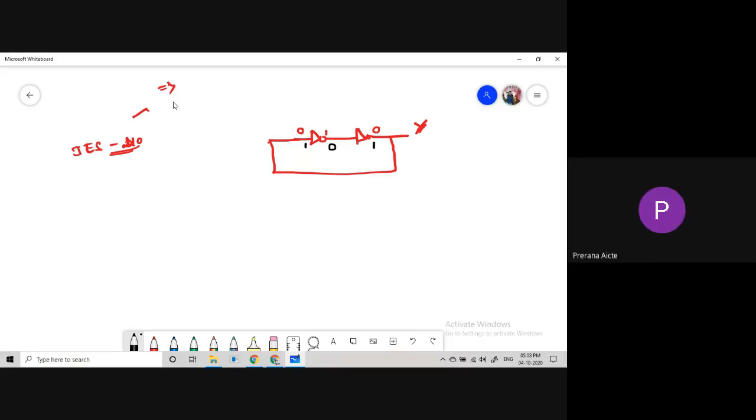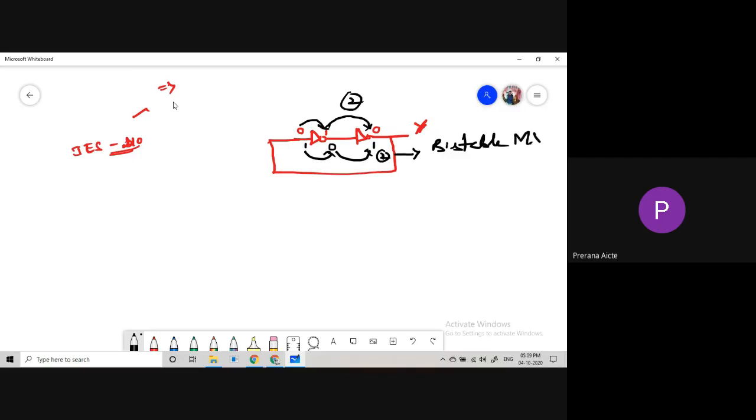So how many times will the value change? 0 is changed to 1 and 1 is changed to 0. So 2 times, right? Here also 1 is changed to 0 and 0 is changed to 1. So here also 2 changes are there. So based on this diagram, it is nothing but a bistable multivibrator.